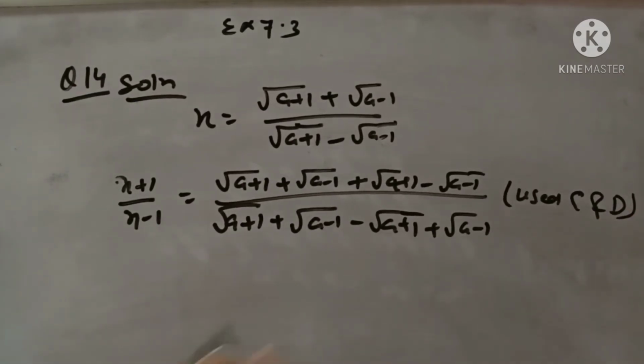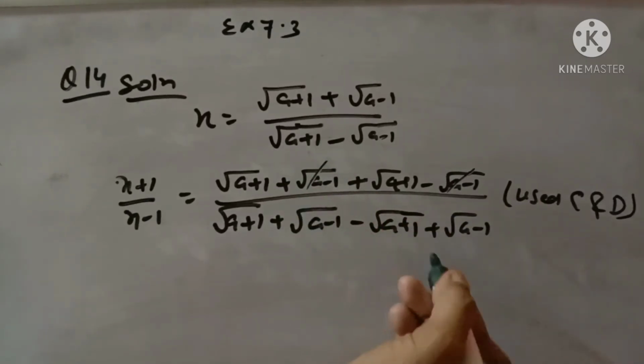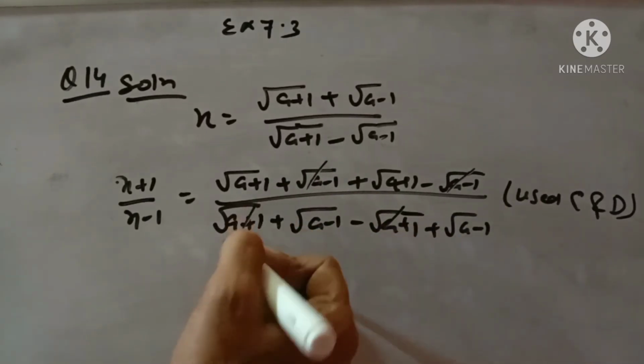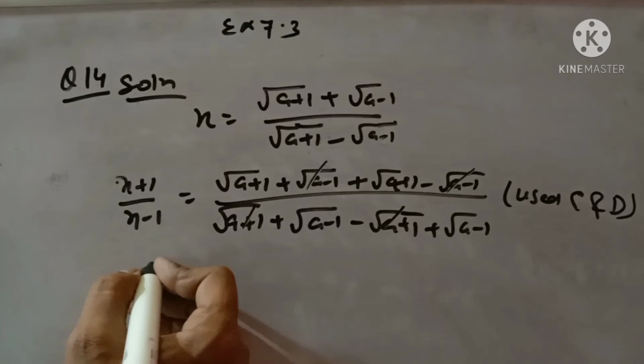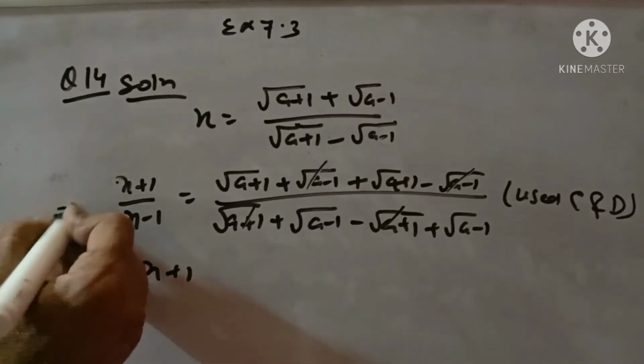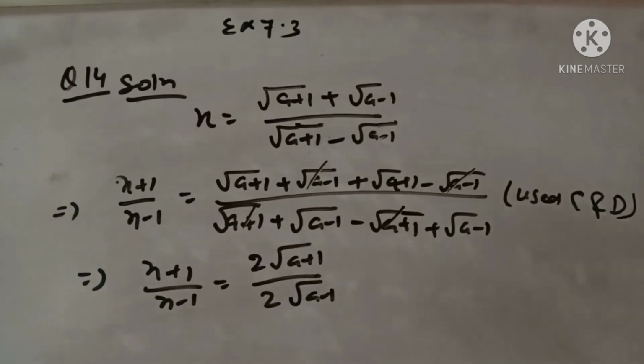We can cancel this term, and here we can cancel this 2 term. Now it will come x plus 1. This implies that I can write, so we can cancel this 2 because under root a plus 1 by under root a plus 1, it will come 2 to cancel.